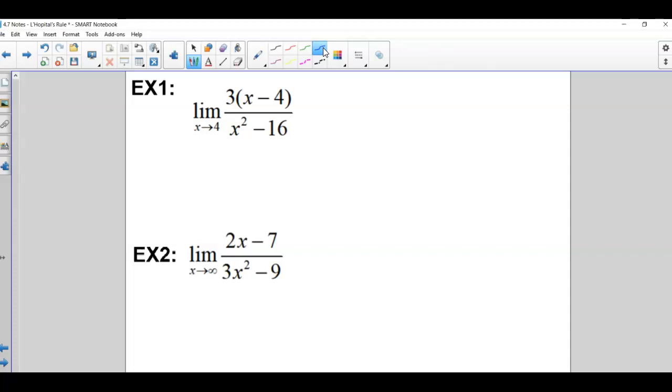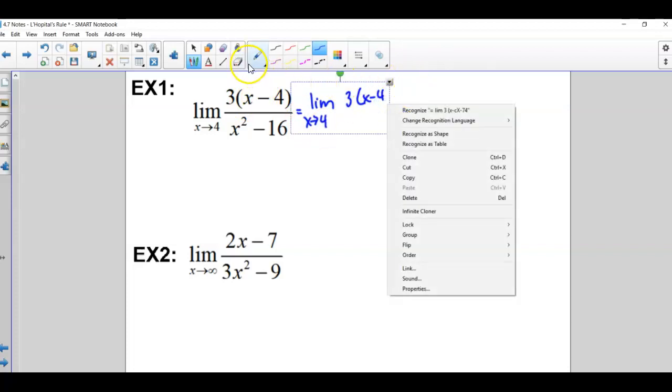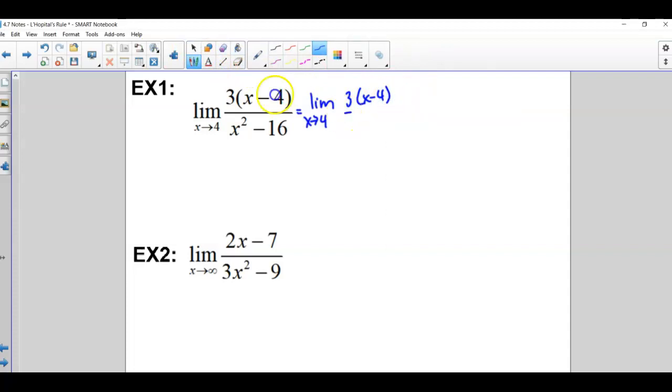So, the first problem that I have here is one that we could solve without L'Hopital's rule pretty easily, because I could say that this is the limit as x approaches 4 of 3 times x minus 4 over x plus 4, x minus 4.